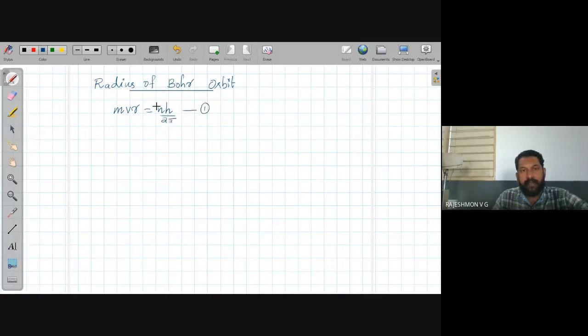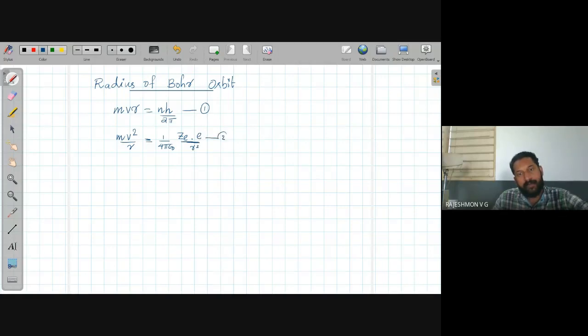Equation 1. Then for any circular orbit, the centripetal acceleration will be there, and here it is provided by the Coulomb force of attraction between the nucleus, which has a charge Ze, where Z is the atomic number, and the electronic charge e, divided by r square.